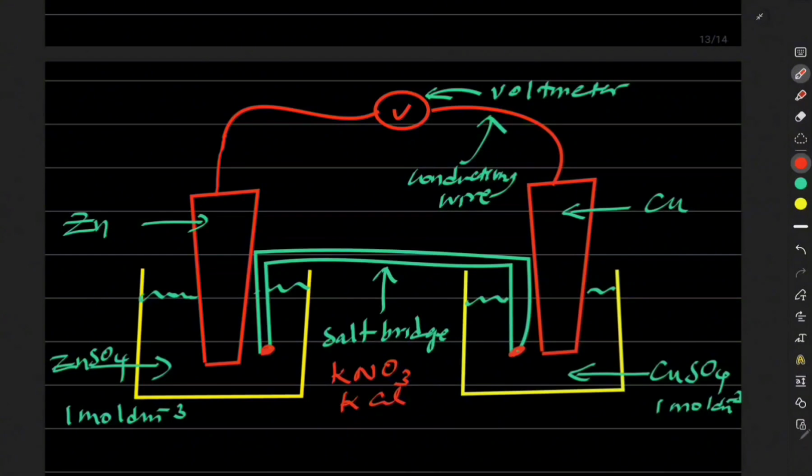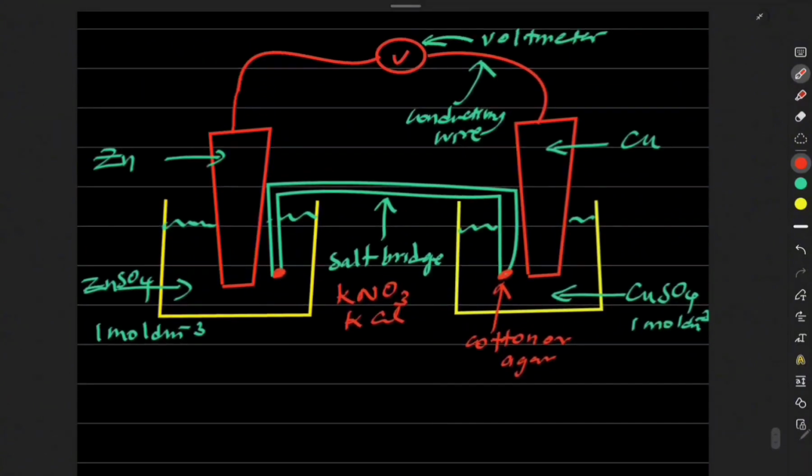It is used as a stopper. This prevents mixing of the contents in the salt bridge with the contents in the two beakers. Let's write it down: cotton or agar.